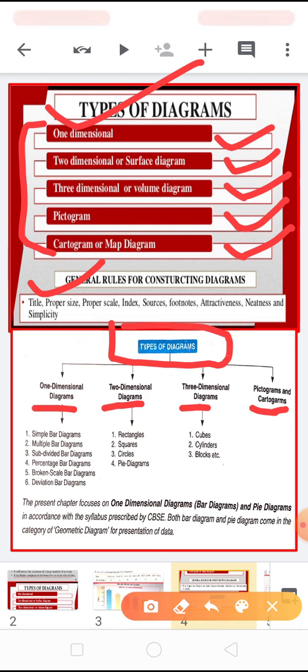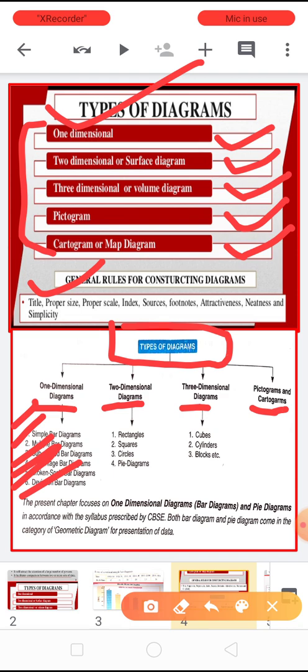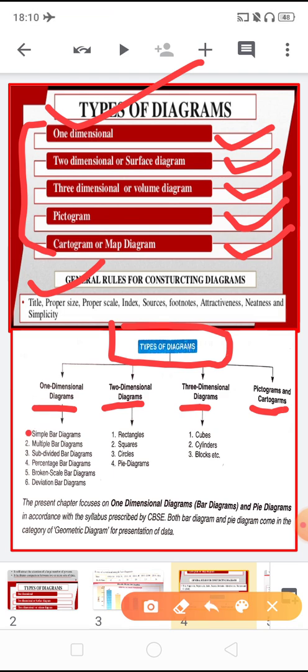In the one-dimensional diagram, we have six basic classifications. The first one is the simple bar diagram, then multiple, subdivided, percentage, broken and deviation bar diagrams. These are basically the six varieties of one-dimensional bar diagrams.